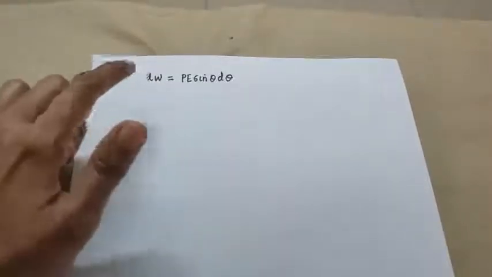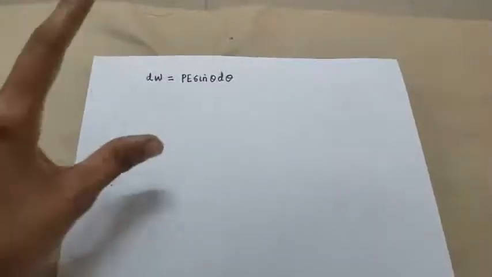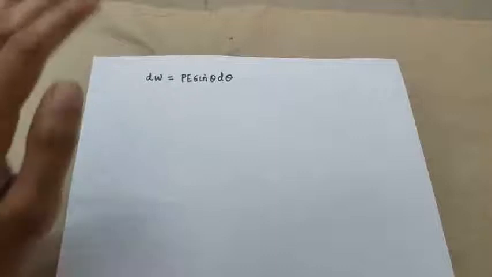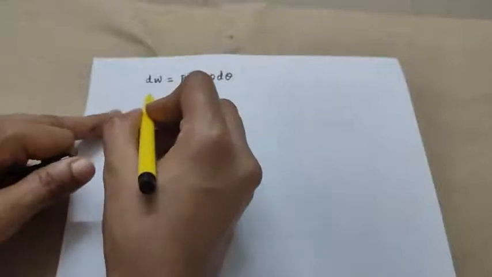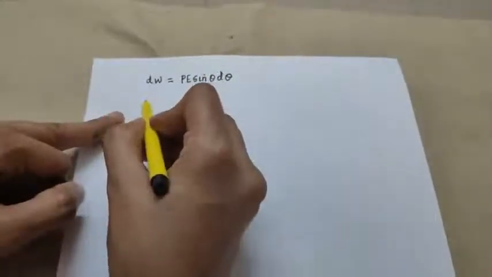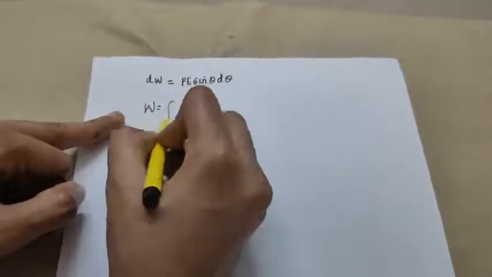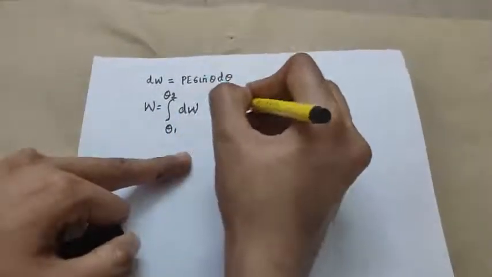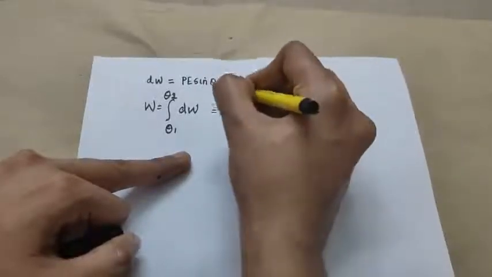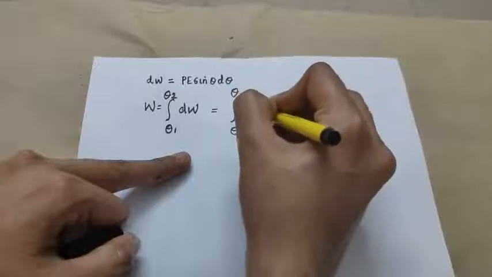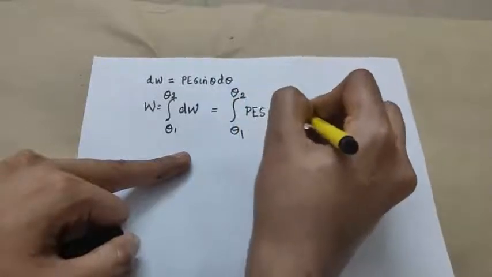So the total work done W is equal to the integral from theta 1 to theta 2 of dW, and let us substitute dW as PE sin theta d theta.